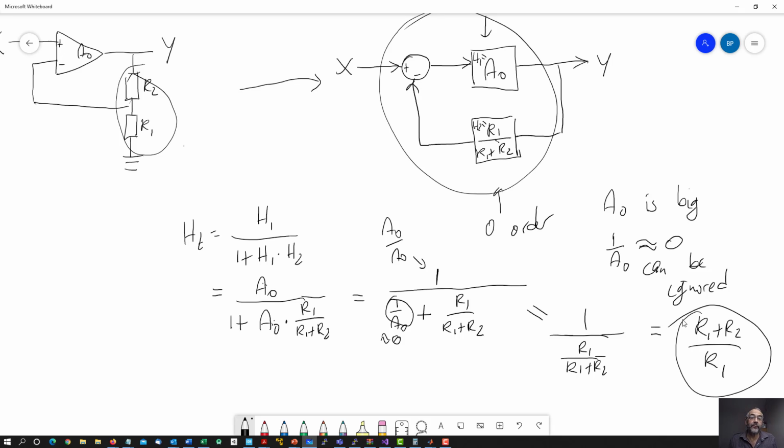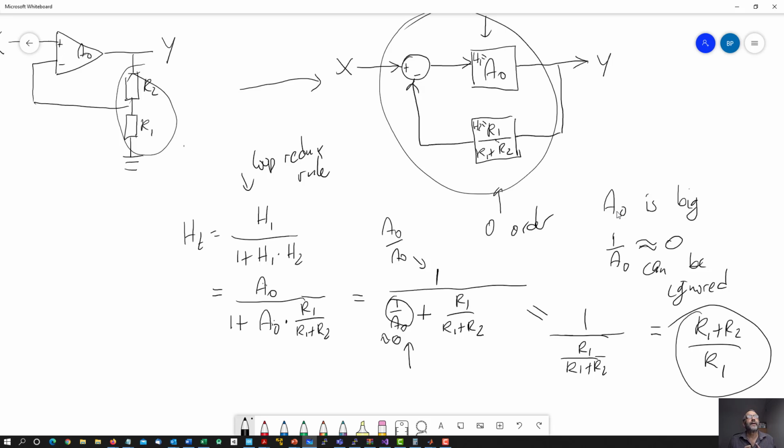Here we are making use of the loop reduction rule. That was this here. And we are making use of the fact that A0 is big, which means that 1 divided by A0 can be ignored. That's almost zero. Big means in this case 10,000 or 100,000, somewhere in that order of magnitude. And that's what you often do with an op-amp.